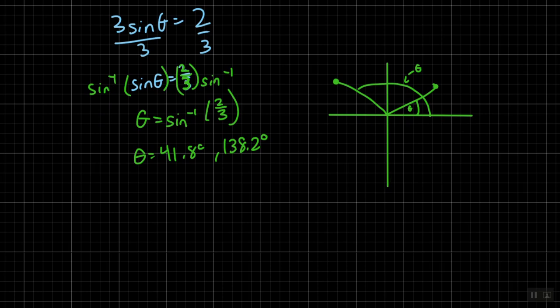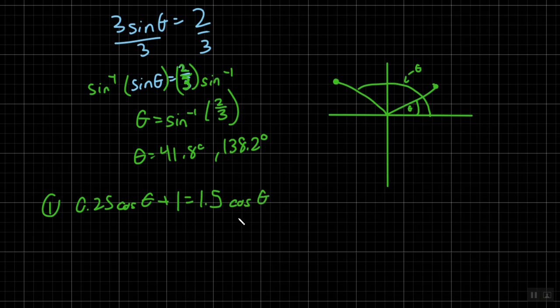Do we need to do another practice problem, or can we go up on the board? We'll do one more together. Okay, let's do 0.25 cosine of theta plus 1 equals 1.5 cosine of theta.